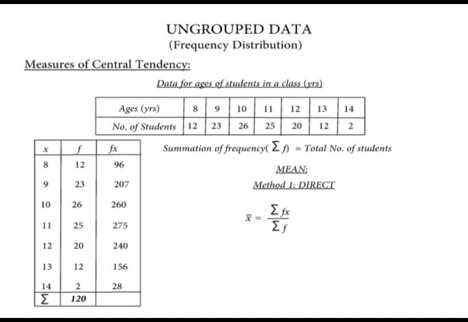The summation of fx, we shall have 96 plus 207 all the way down, and we get 1262. The summation of frequency is the total number of students, 120. Therefore, mean is equal to 1262 over 120, which gives us 10.5 years.